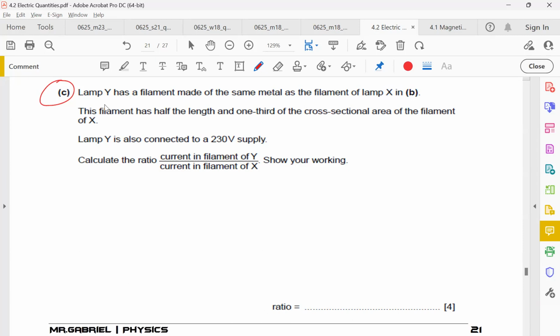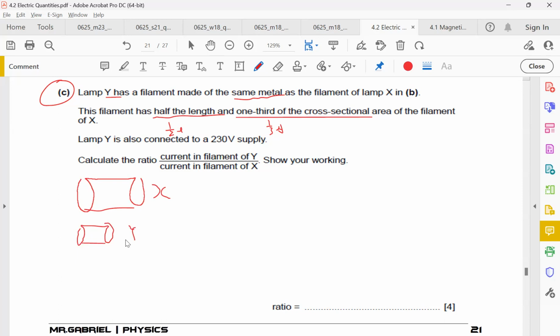First and foremost, it says lamp X, lamp Y has a filament made from the same metal. Same metal means they have the same properties, so gold, copper, constantan or tungsten wire, all those are not affected. The filament in lamp Y has half the length and 1/3 the cross-sectional area of filament X. If I draw it out, this is X, and Y is only half the length and 1/3 the cross-sectional area.